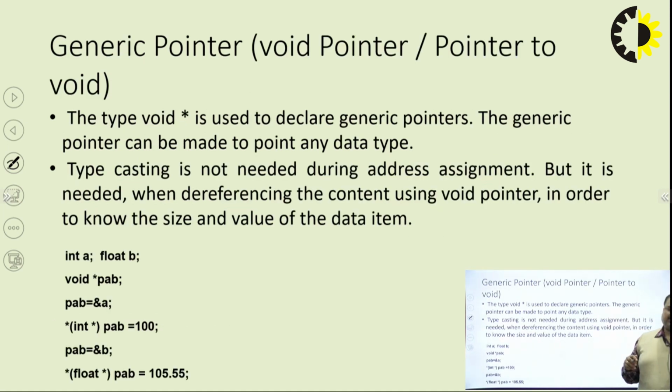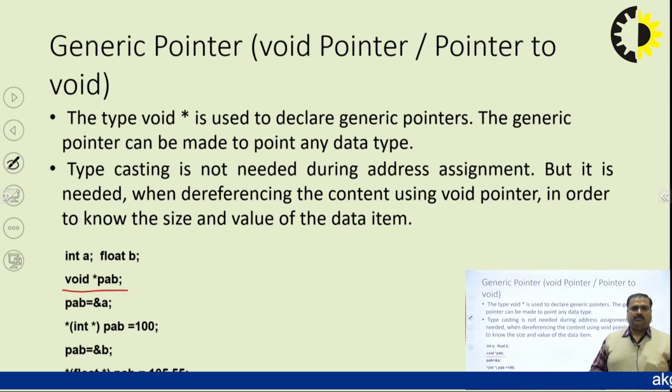There is another type of pointer, which is called a void pointer or generic pointer. Generic pointers are pointers which can be made to point to any data type. That means we are not fixing it to a particular data type; rather, we are declaring it as a void pointer, so that at run time, as per the requirement, we can convert it to any type.